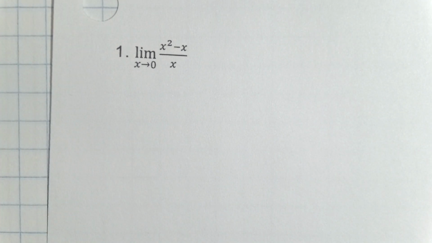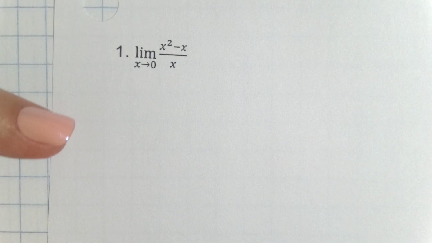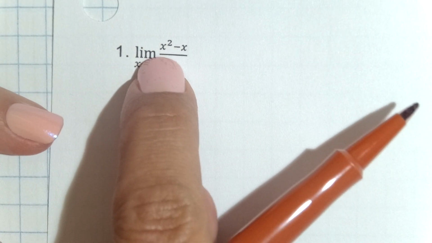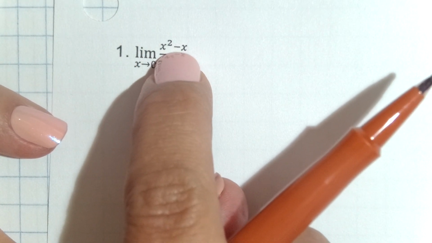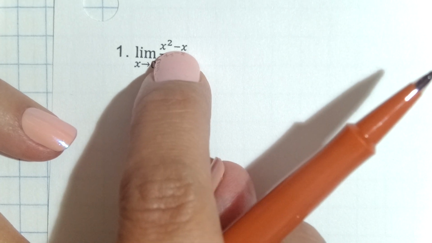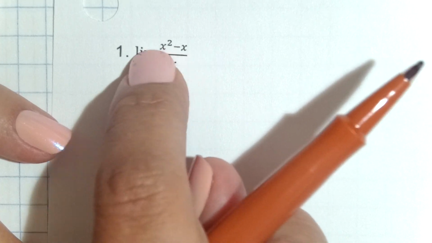So let's go through the steps. We need to find the greatest common factor, if there is any, of the numerator and denominator. Do these two terms have anything in common?